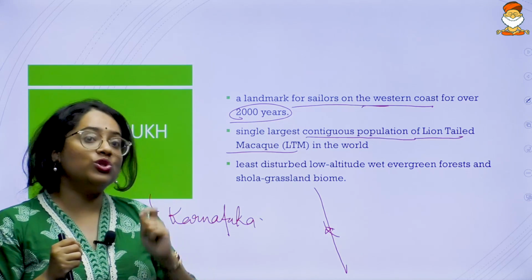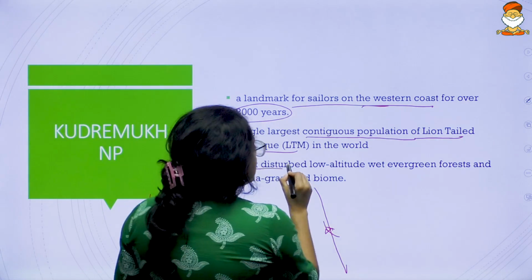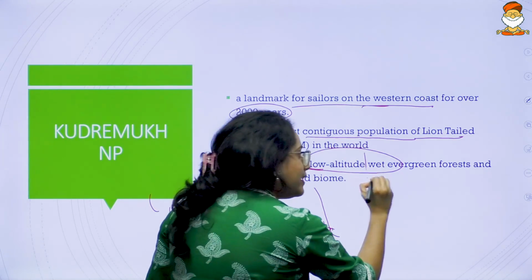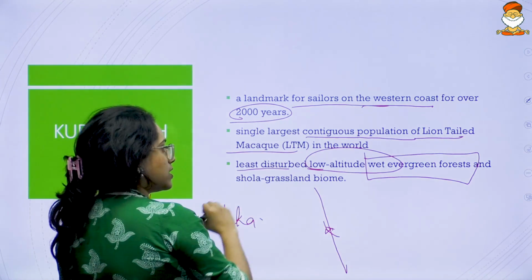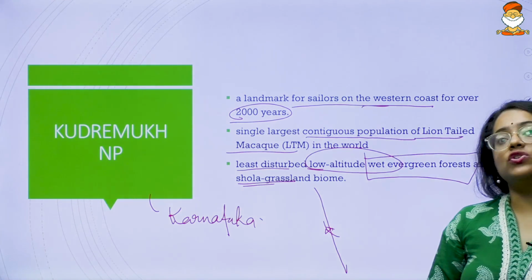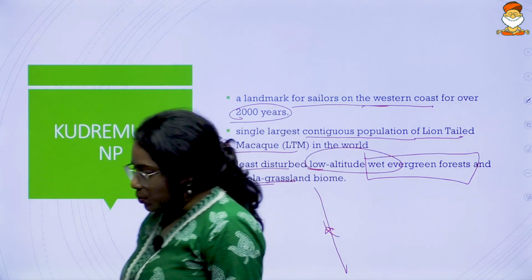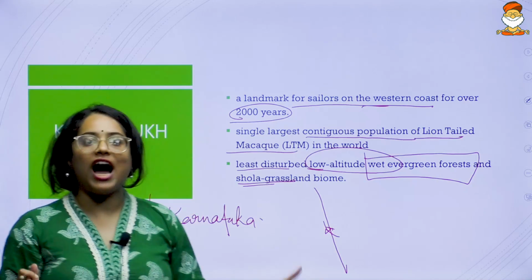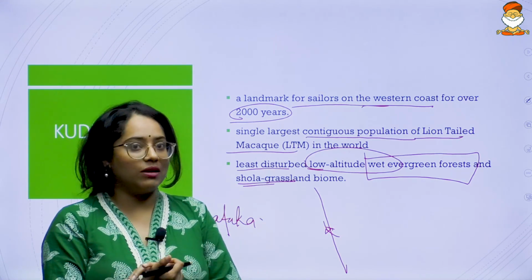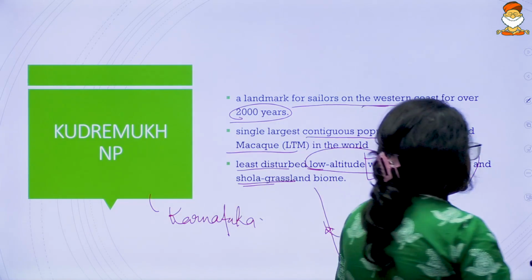Kudremukh also is the least disturbed, low altitude, wet evergreen forest, and it also has the Shola grassland biome. Because of all of these features, it was in several news articles. So on the whole, the location of Kudremukh is important because of these reasons.